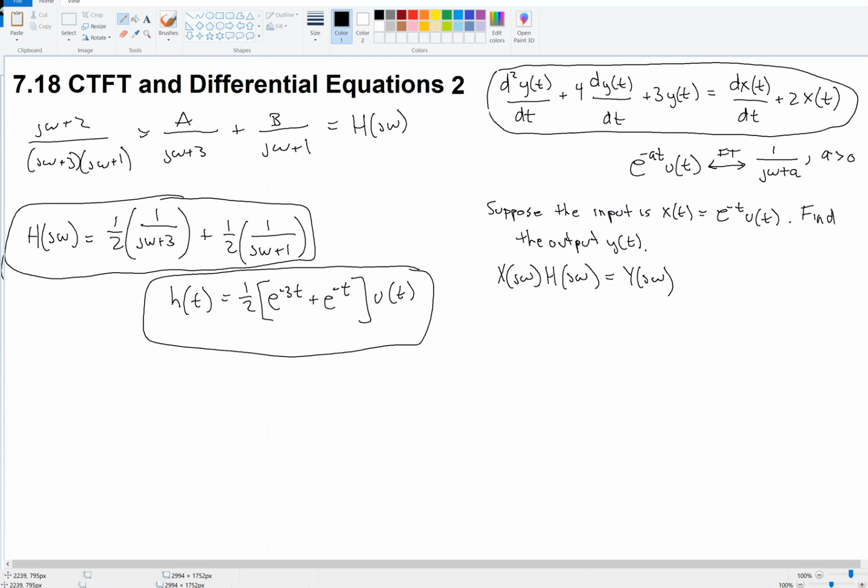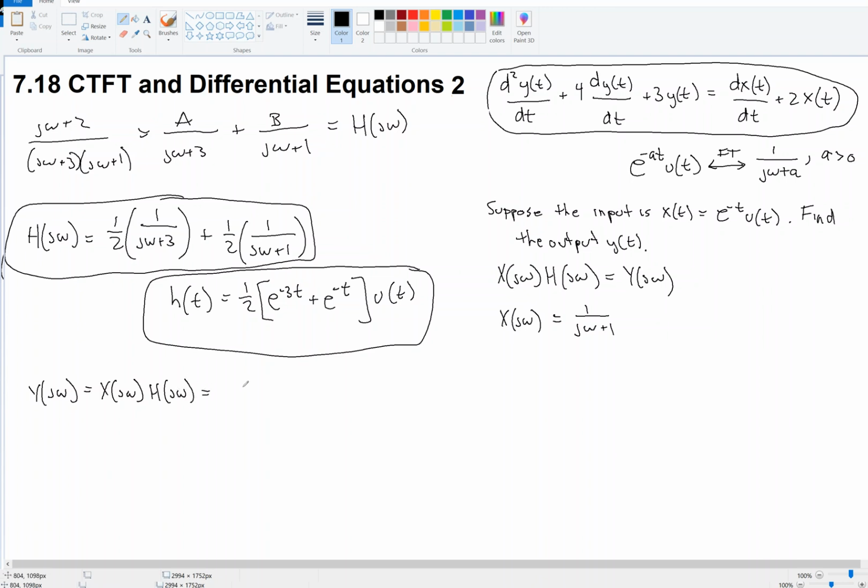Okay, so we've got capital H, and we can easily get capital X. Let's do that by using this Fourier transform pair. So e to the negative t, a is 1, u of t. Then this has a Fourier transform 1 over j omega plus 1, like that. So now we have X, capital, and we have H, capital. So let's multiply them together. So Y of j omega equals X of j omega times H of j omega.